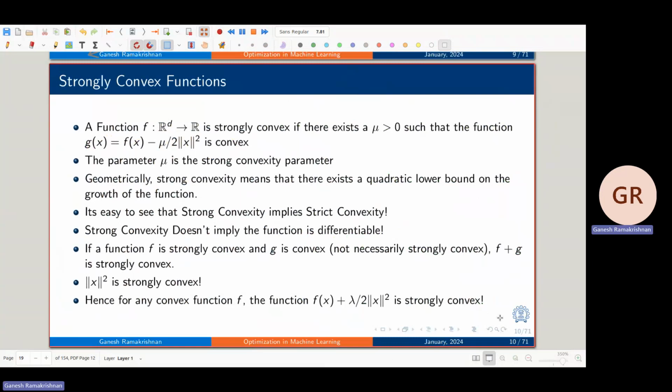But here's another way of defining a strongly convex function. A function f is strongly convex if there exists a mu greater than 0 such that the function g(x), obtained by subtracting mu/2 times norm x squared, is convex. You should try and show the connection between these two definitions.